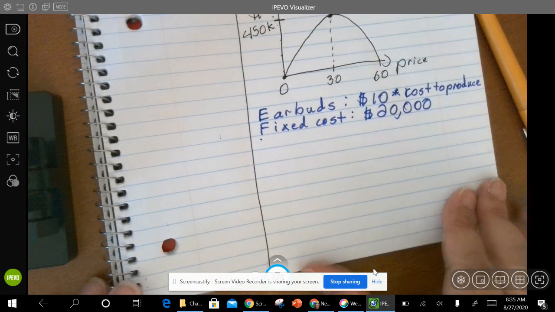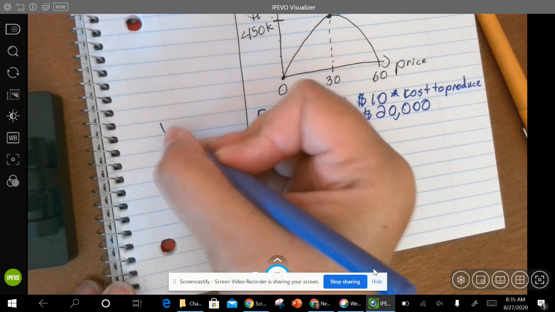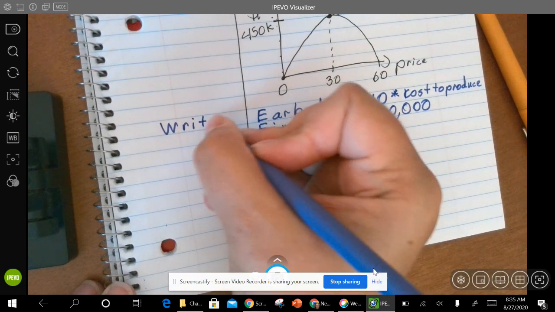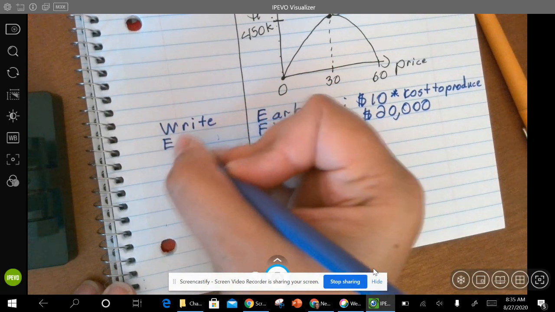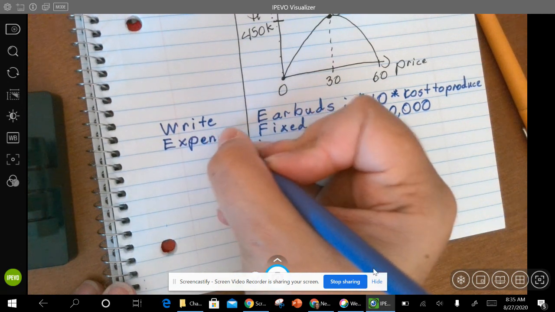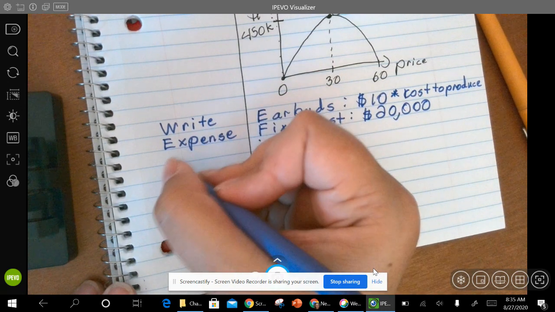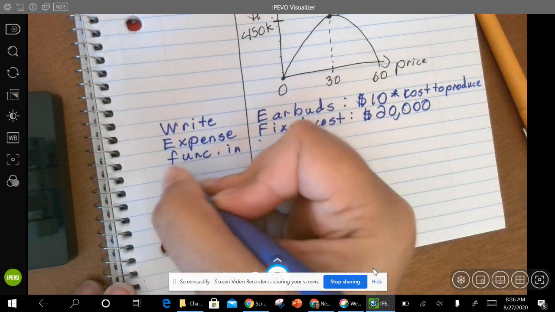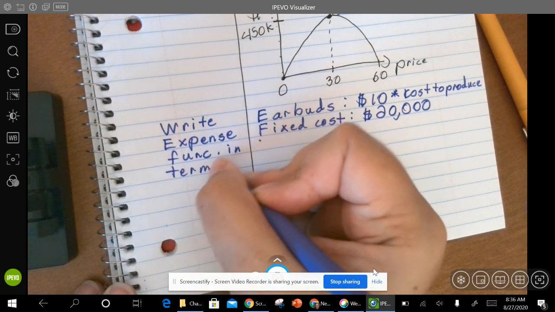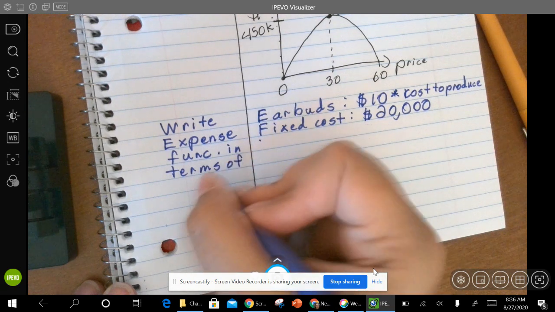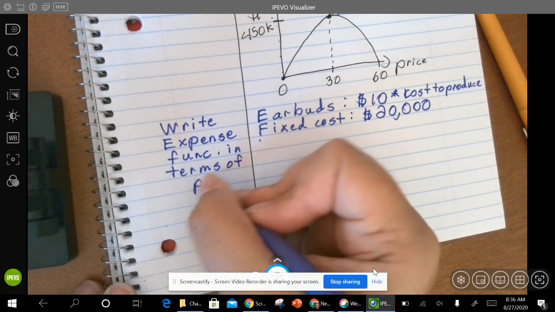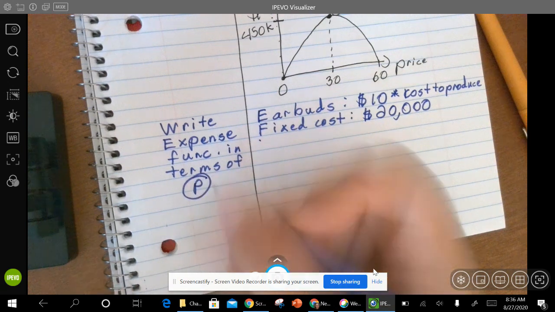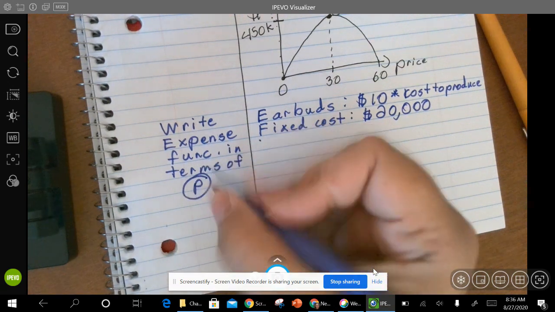So we're going to write our expense function in terms of P, and this is what we went over in part 1. So, everybody, in terms of the price.